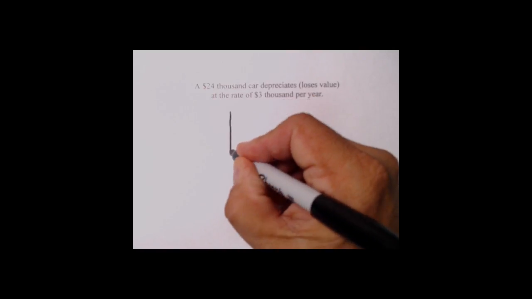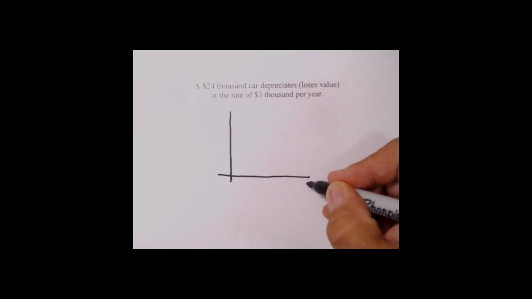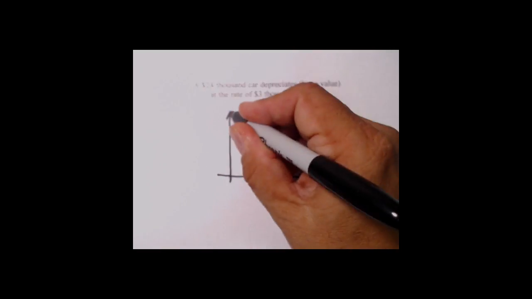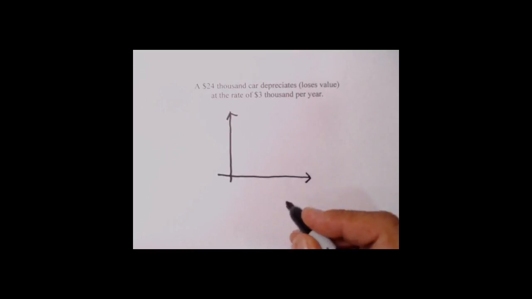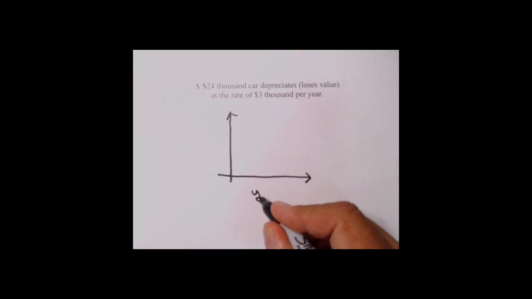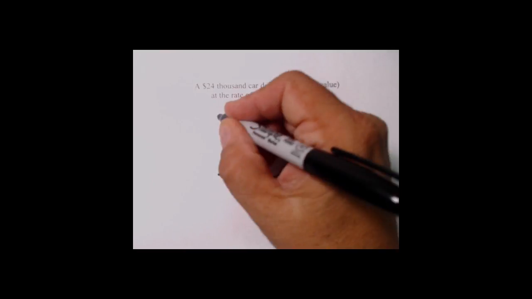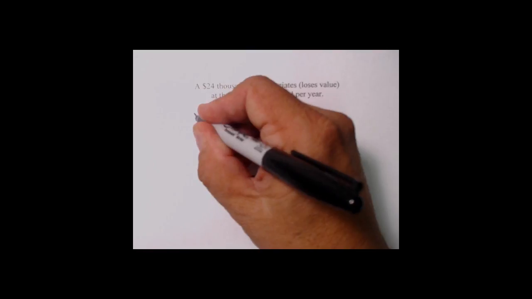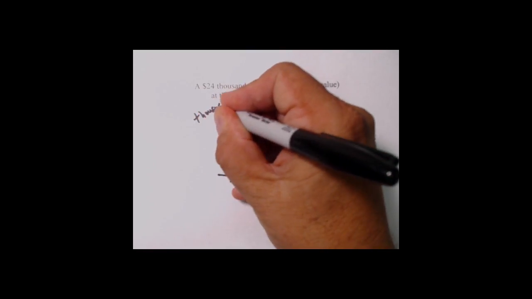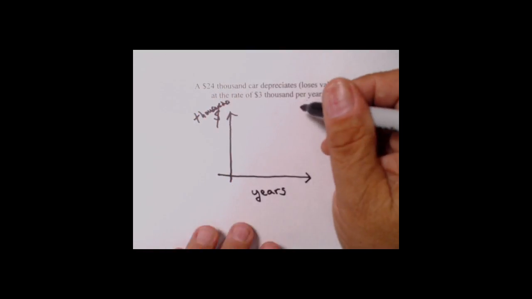So once again, let's make ourselves a first quadrant plot here. Again, time along the bottom, so since we're talking about years, that'll be here, and the value going up in dollars, and we'll label it thousands. So we only have to put 1, 2, 3, or 4, whatever.